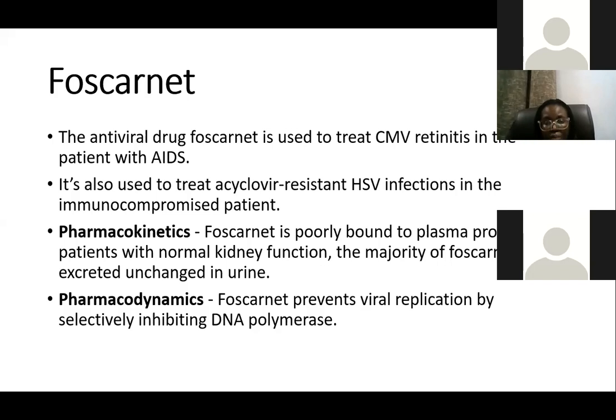Foscarnet is poorly bound to plasma proteins, and it is excreted unchanged in the urine. Its mechanism of action is by preventing viral replication by inhibiting the DNA polymerase, a similar mechanism of action to the nucleosides.